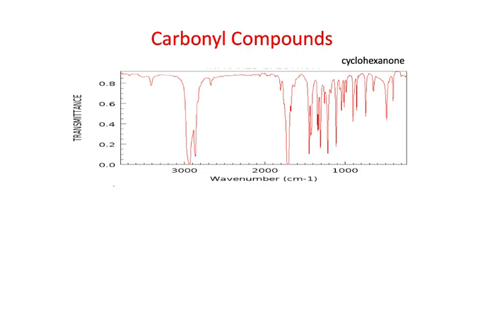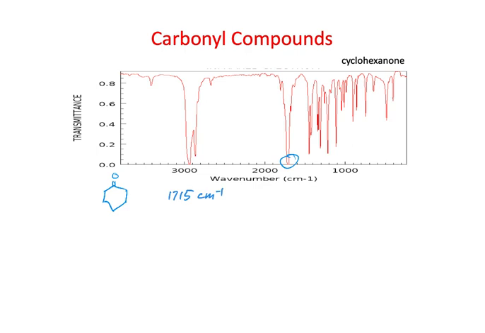So if we think about a ketone as a generic carbonyl group, this has an absorption at about 1715 reciprocal centimeters. So let's say that's cyclohexanone right there.